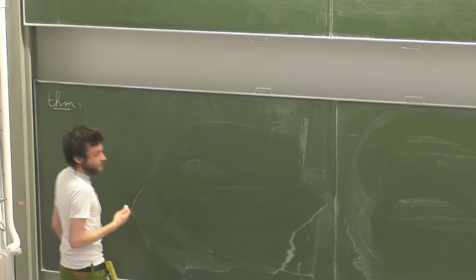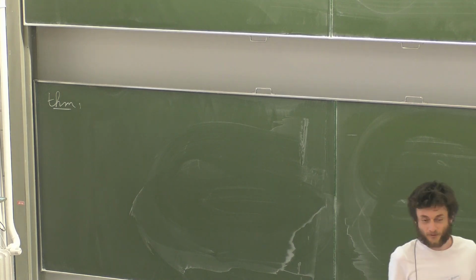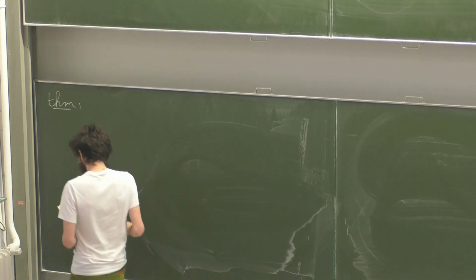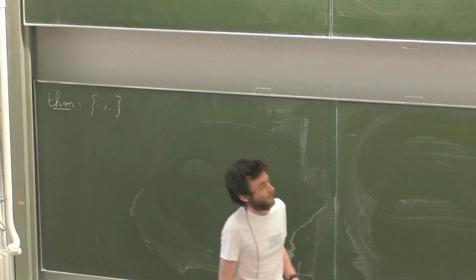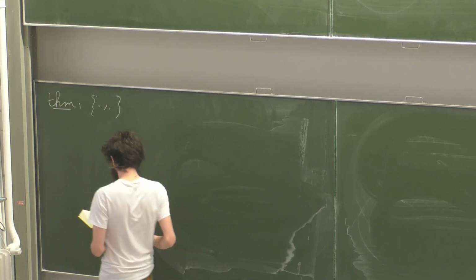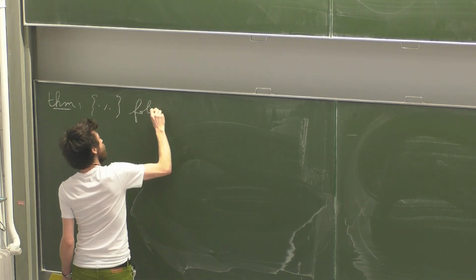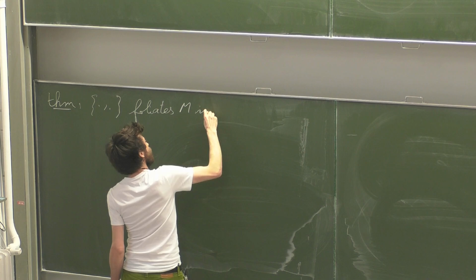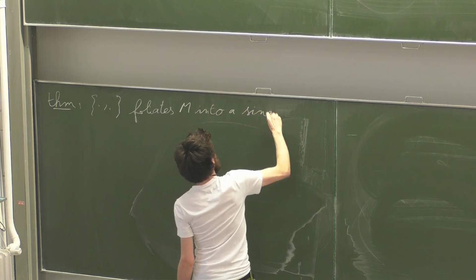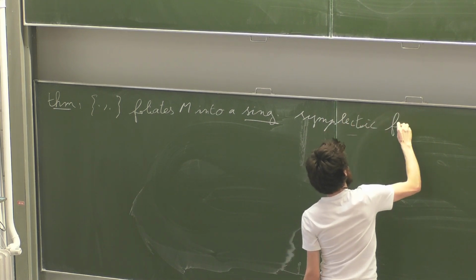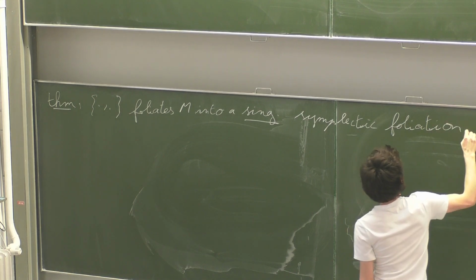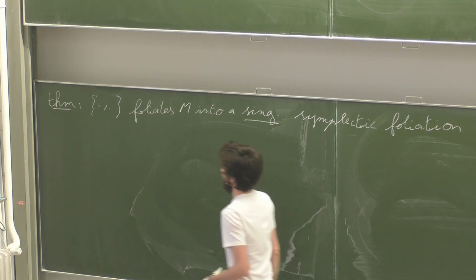And theorem. And this theorem really matters for what we discuss right now. So the Poisson structure you put on M generates a singular symplectic foliation. It foliates M into a singular symplectic foliation. So what does it mean?